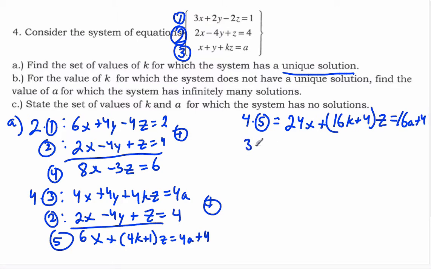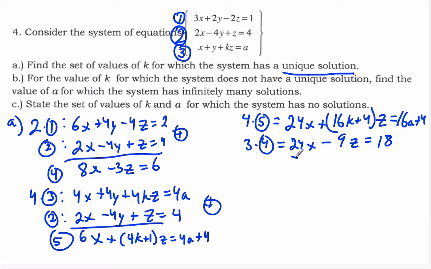And 3 times 4 is 24x minus 9z equals 18. Is that right? 3 times 4? Yep, 18. Okay, so the x's match up.